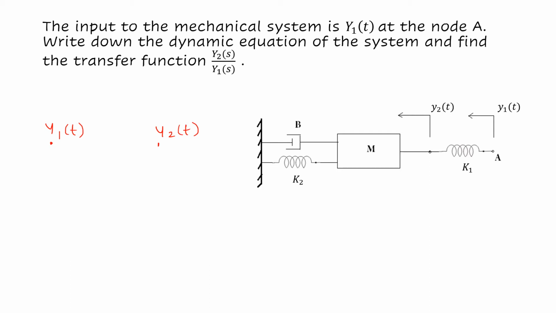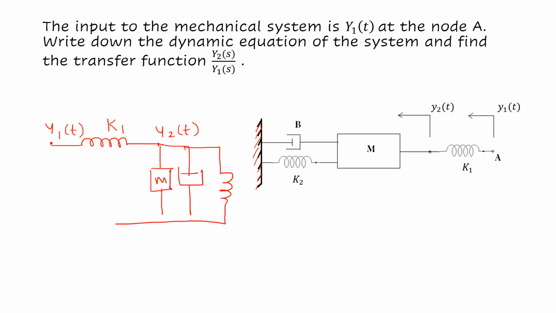So y1 of t and y2 of t become the nodes of the network, and in between y1 and y2 we have a translatory spring, which is k1. We will represent that k1 here. Next, with respect to the static reference frame, at node y2 we have a body of mass m, and we have a damper and a spring effect, which is K2.